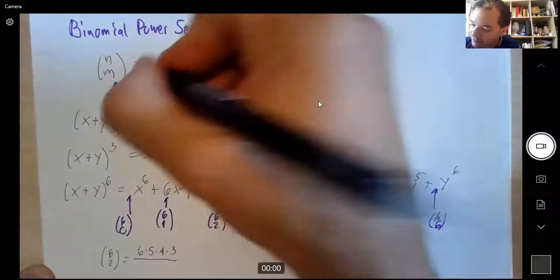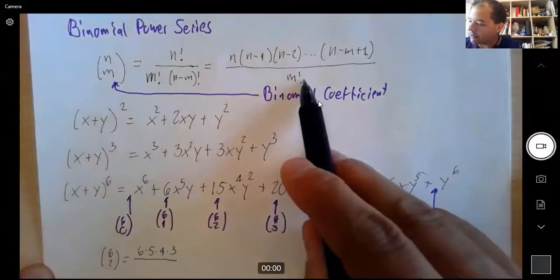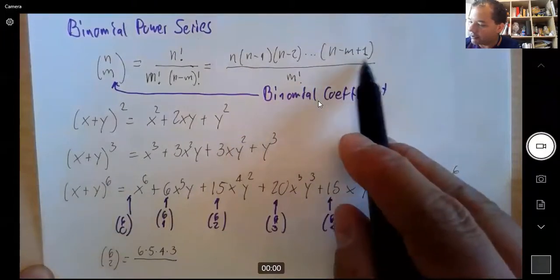That's why it's throwing me off. This should be m factorial. Sorry for that. So now is this correct? Let me check.